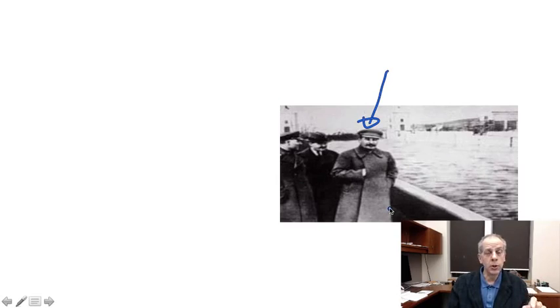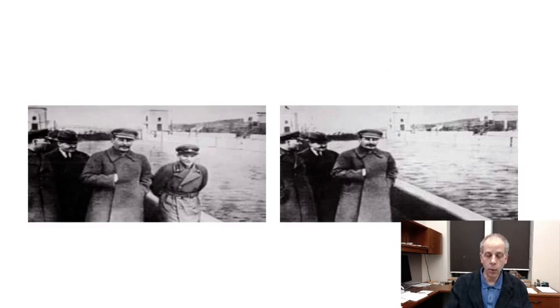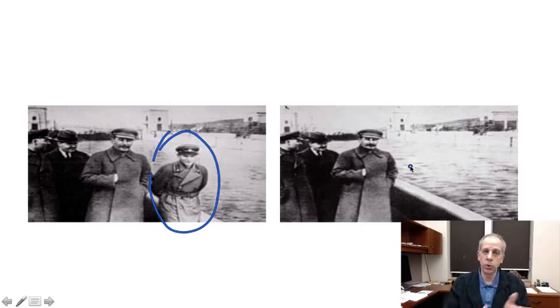This is a picture that was inpainted by hand, because actually what really happened was this. This is the real picture. There was another person here that the picture was retouched. This was done a long time ago. It was done by hand. It was retouched so that the person is no longer in the picture. But actually today, we're going to learn how to do that with basically computer techniques.